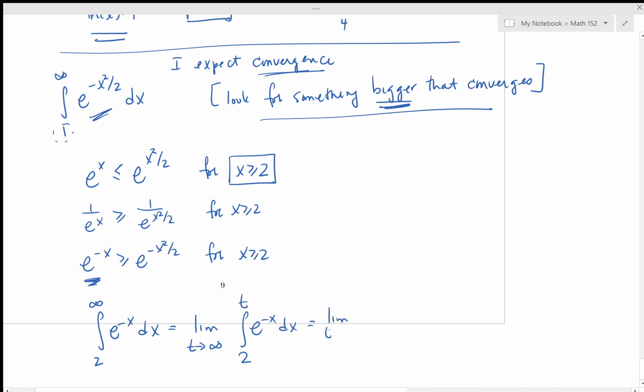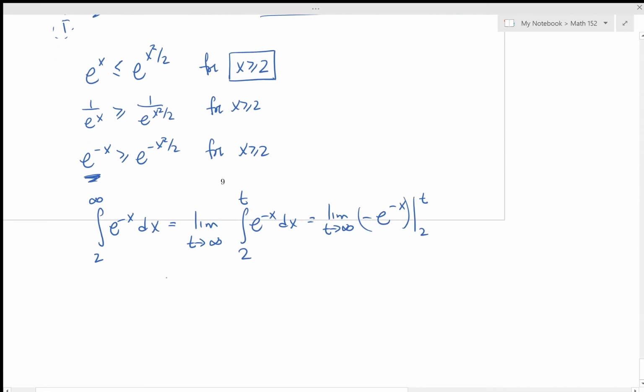The limit as t goes to infinity of minus e to the minus x evaluated at 2 and t. That is the limit as t goes to infinity of minus e to the minus t minus minus e to the minus 2, and that's 1 over e squared. Okay, I have found something that is bigger that converges.